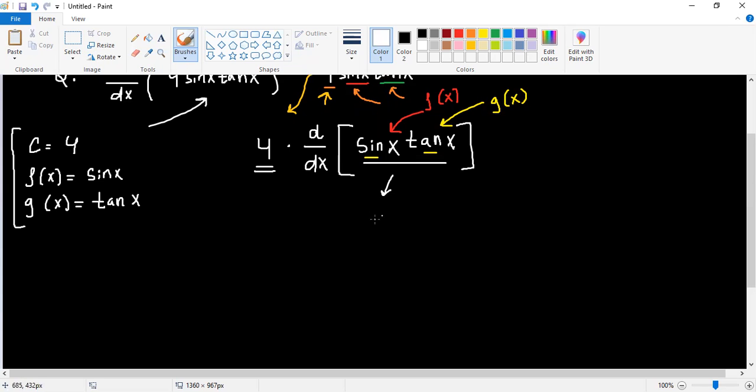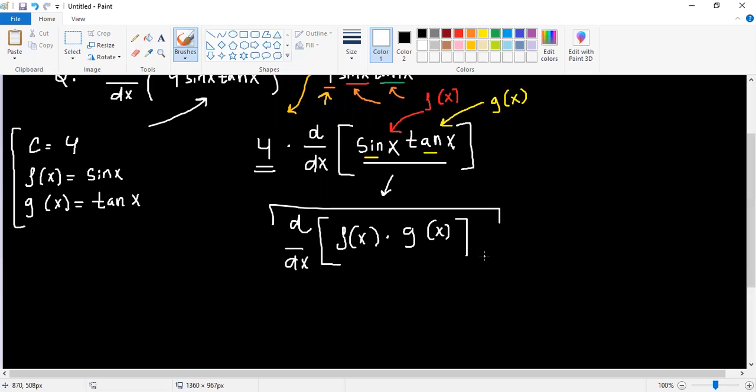The product rule for differentiation states that if you have f of x multiplied by g of x, then d over dx of the multiplication of these two functions equals the derivative of f of x multiplied by g of x, plus f of x multiplied by the derivative of g of x.